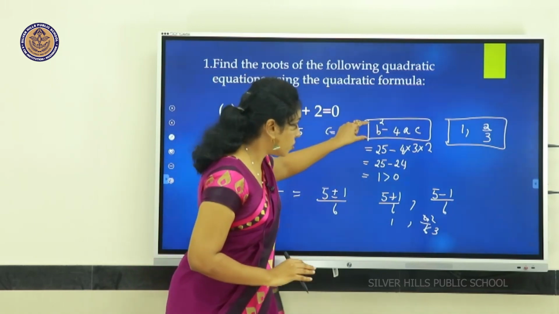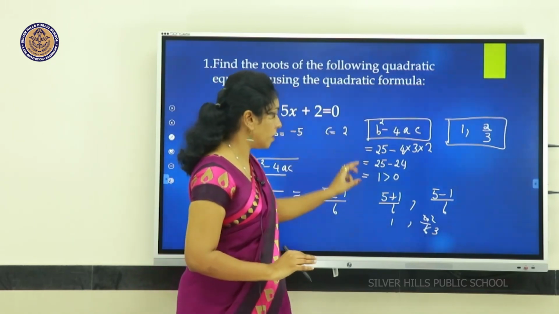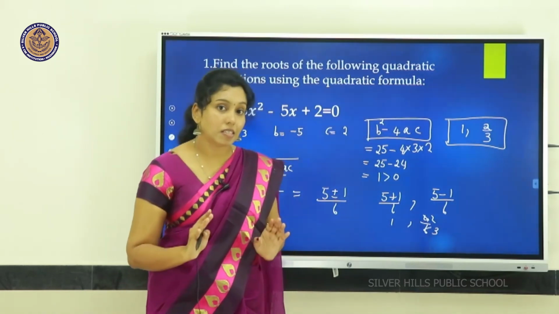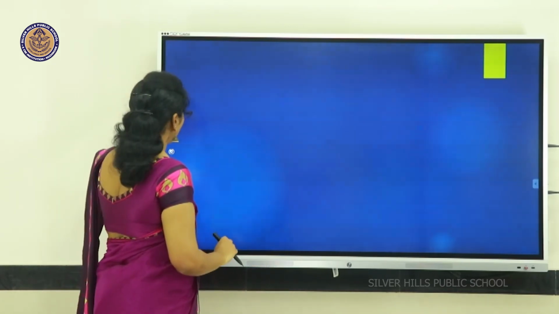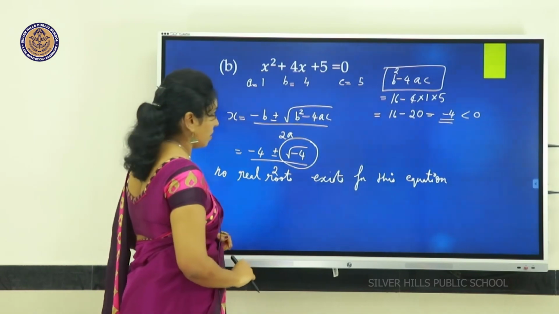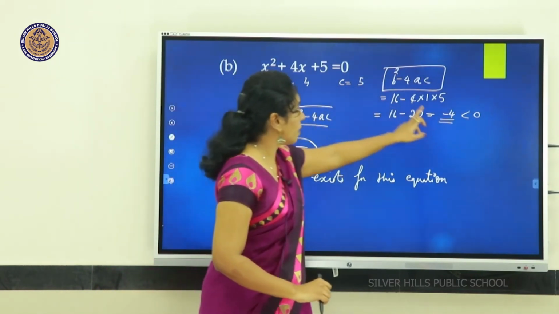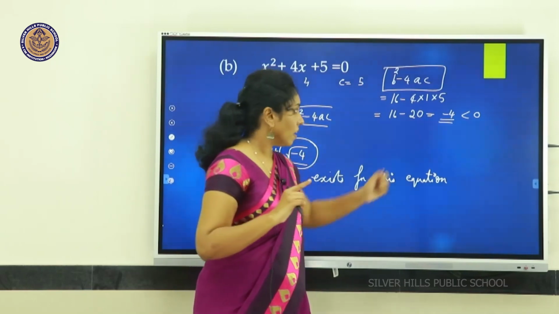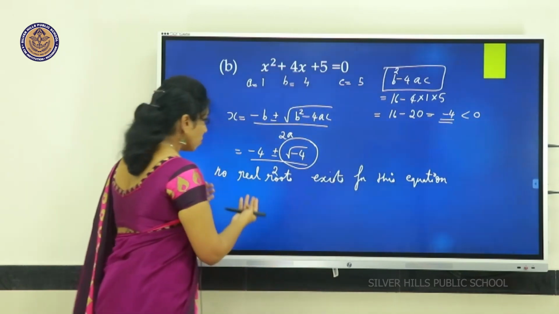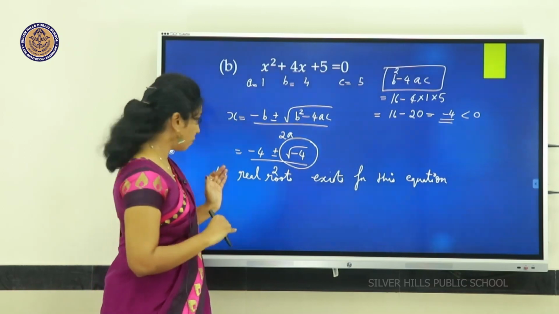What is this condition? B square minus 4ac is greater than 0. And after that, when we did the second question, b square minus 4ac's answer was less than 0. So what was the nature of the roots?